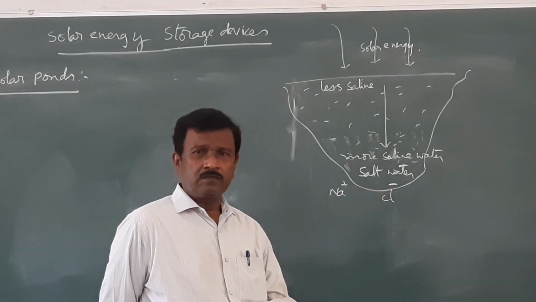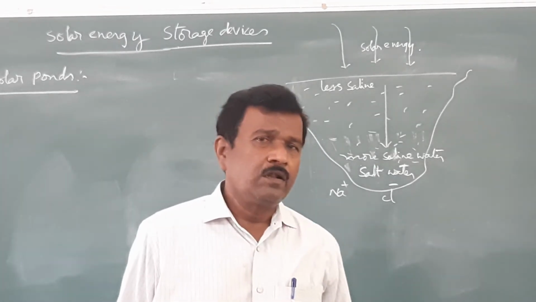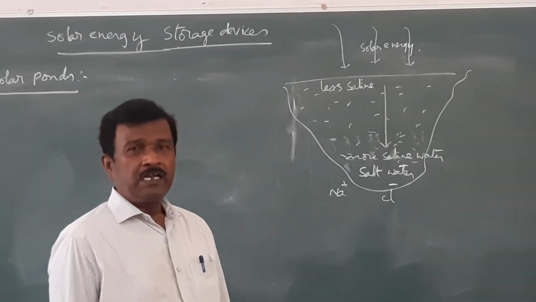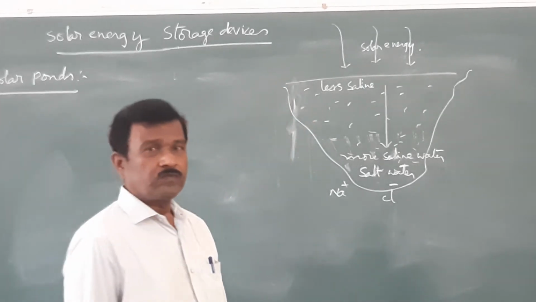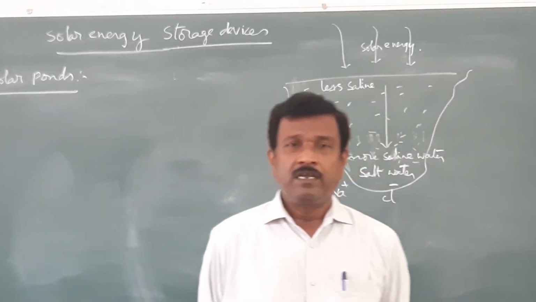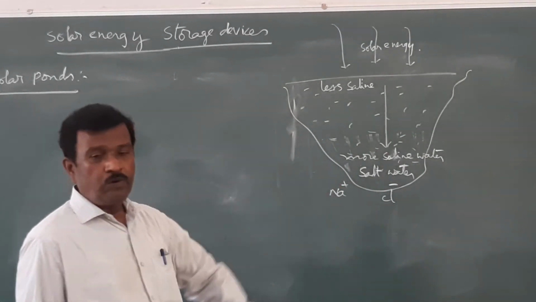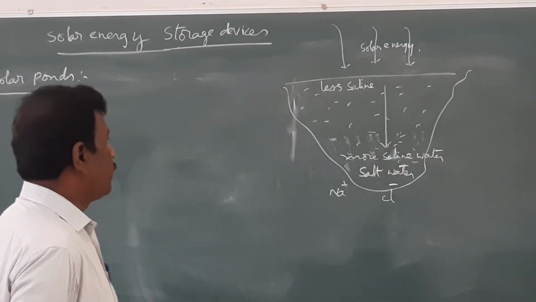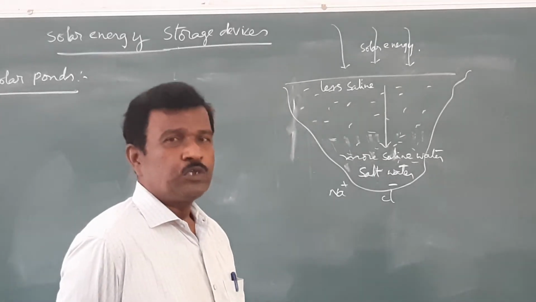These solar ponds are widely used and more advantageous in rural areas or remote areas where the availability of rainwater or water ponds is more. In this manner, you can store the solar energy in solar ponds. So these are the two techniques or devices that are used for storage of solar energy: solar cells as well as solar ponds.